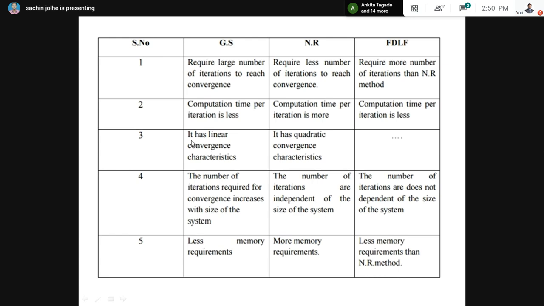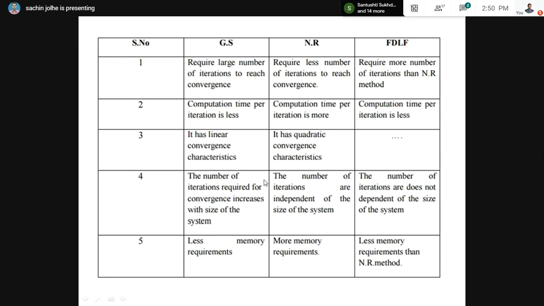Then Gauss-Seidel has linear convergence characteristics. Then Newton-Raphson has quadratic convergence characteristics, which doesn't depend upon either of those. The number of iterations required for convergence increases with the size of the system in Gauss-Seidel, as we have discussed just now. This is independent of the size, and this is also independent of the size of the system.